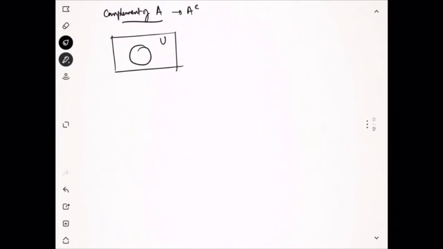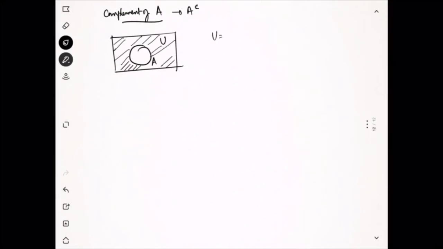Now, what do we mean by the complement? The complement of set A is usually represented using a complement notation. So you have the universal set and you have the set A. All the elements other than the elements in A, we call the A complement.